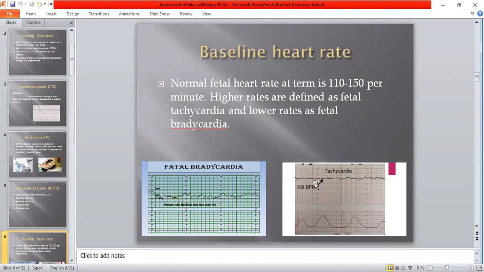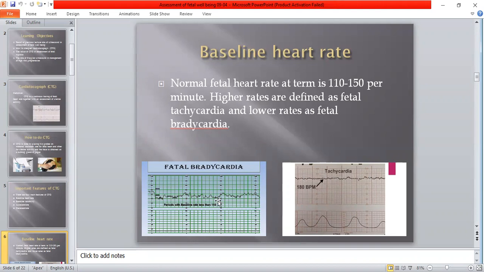On this paper, the fetal heart rate is documented, and this line goes at 180 beats per minute. So this shows that the fetal heart rate is more than normal.